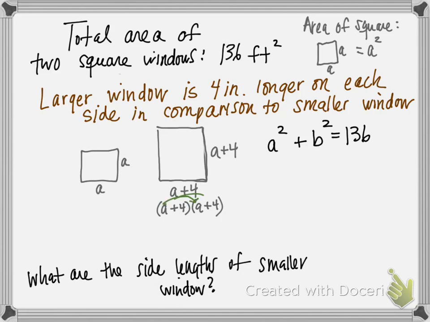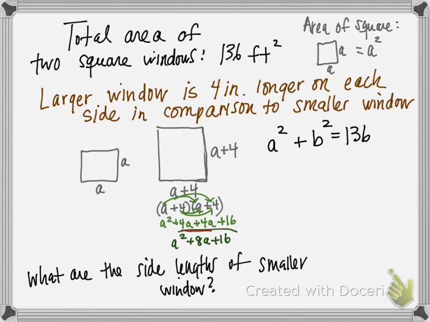A times A is A squared. A times 4 is 4A. Distribute the 4 to both terms. 4 times A is 4A, and 4 times 4 is 16. So if I combine my middle terms here, 4A plus 4A gives me 8A. So I have A squared plus 8A plus 16.